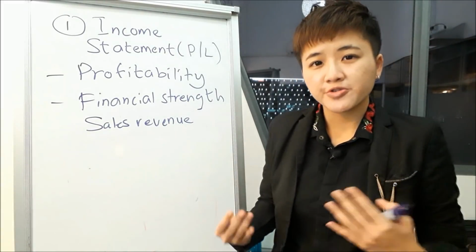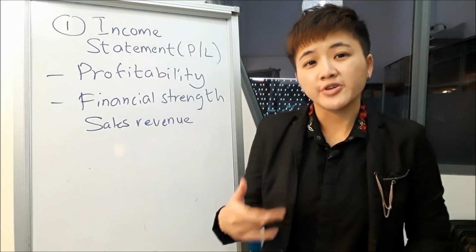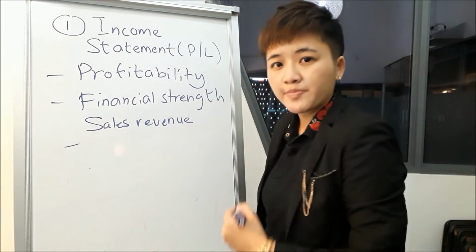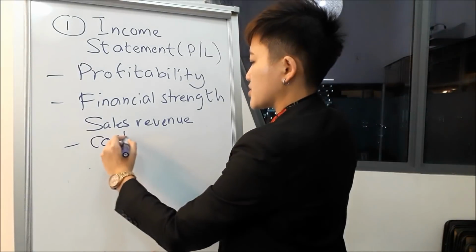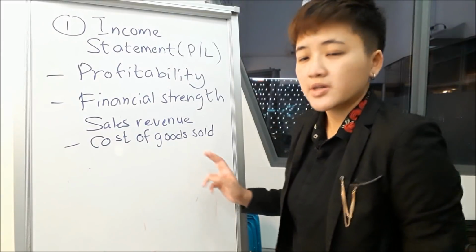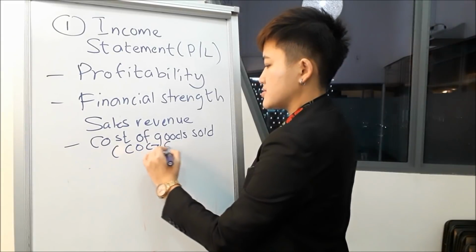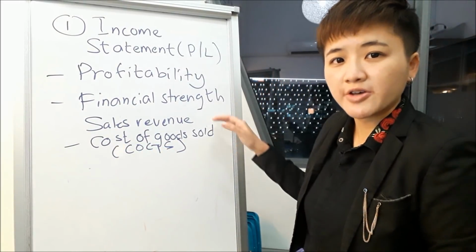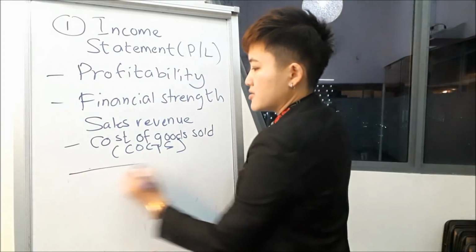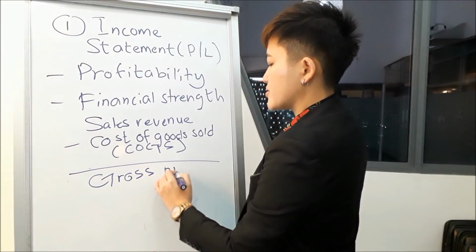And of course, to produce those handbags, you need to put in upfront capital to pay for your raw materials. And when you pay for the raw materials, this will come under, okay, cost of goods sold. In short form, most people call it COGS, okay? So when you have your sales revenue minus COGS, you would have your gross profit.